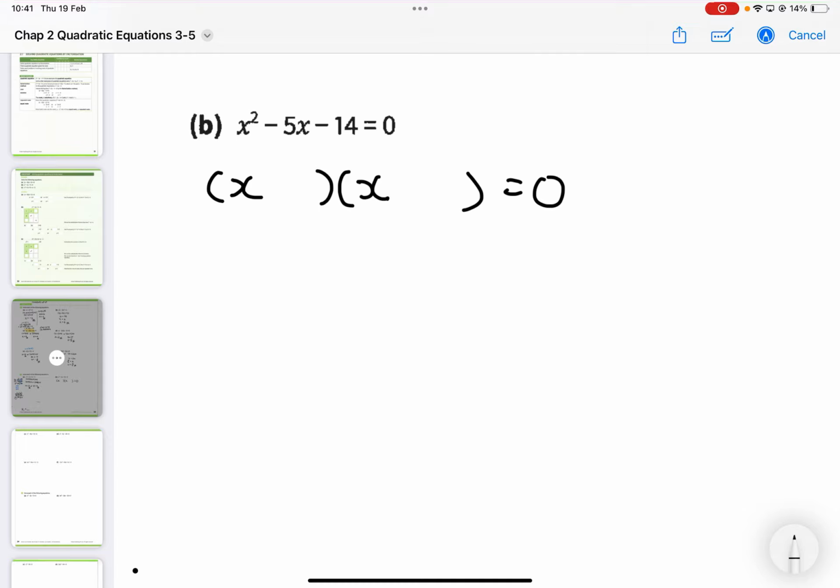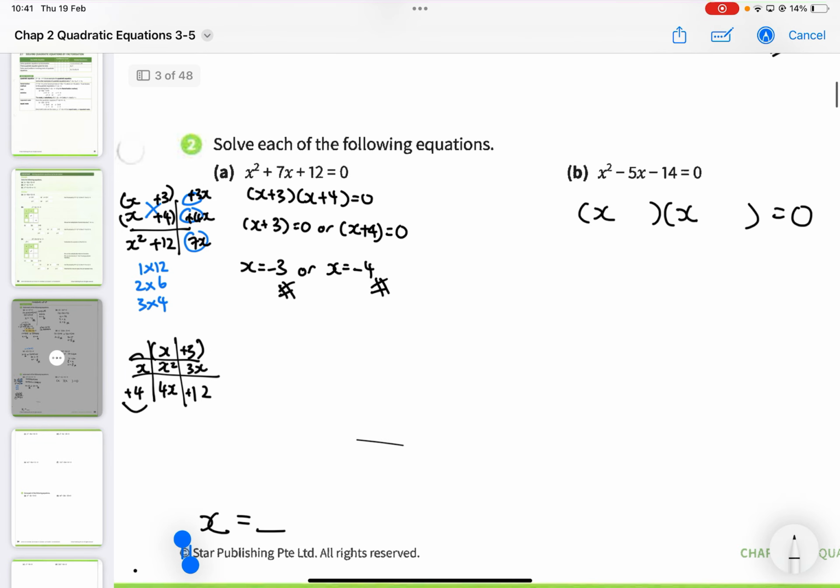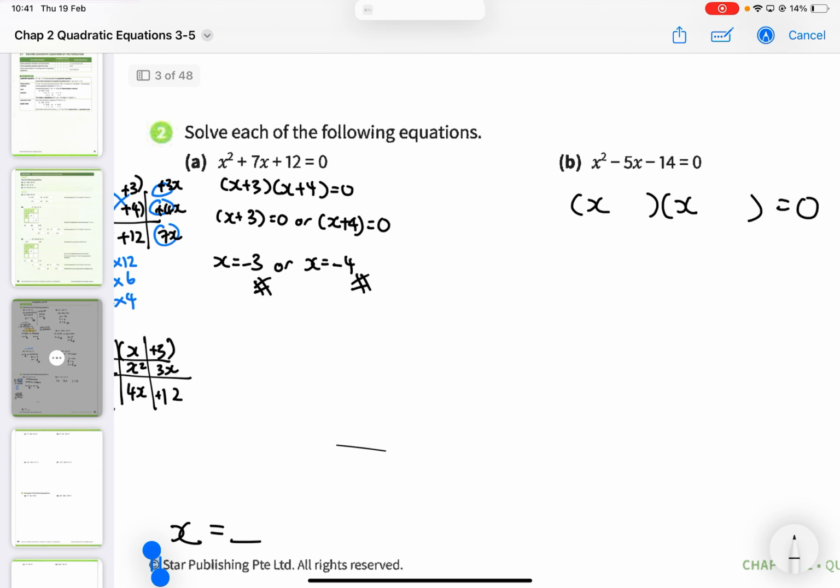What are these numbers? Okay? Can refer to what I did. You don't need to continue. Now it's your turn to do it.